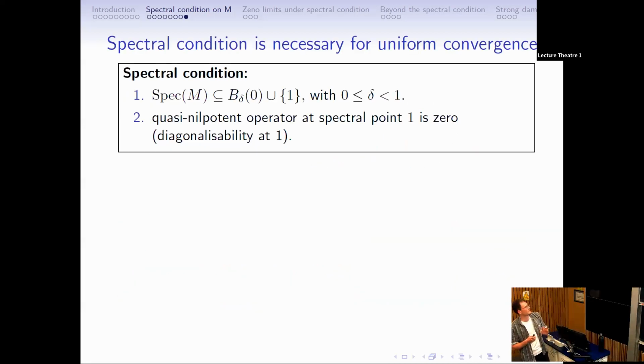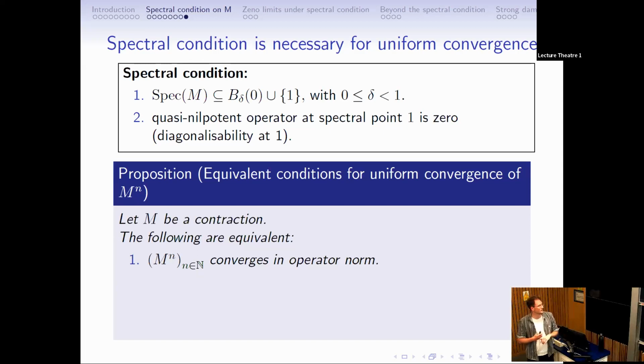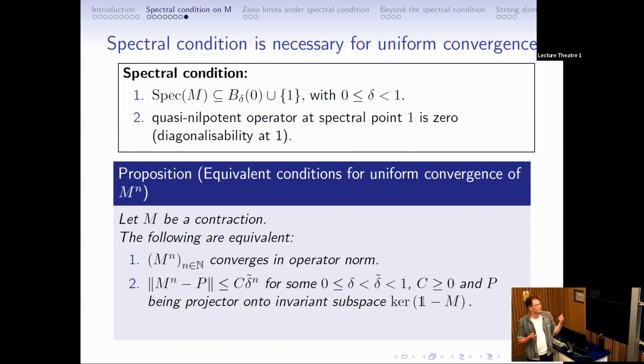Now I want to motivate the spectral condition a bit more, to show that it's also necessary for uniform convergence. So it's not just some very technical condition, but it fully characterizes operator norm convergence of the Zeno product, or of powers of M. That's captured in our proposition. We have three equivalent statements: M to the n converges in operator norm, or it converges even with exponential speed.